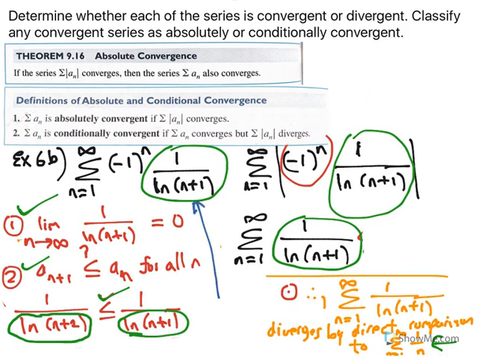So by the alternating series test, our original sine series converges. But we saw earlier that the corresponding absolute value series diverges. So what we have is conditional convergence. Our original sine series is conditionally convergent because it converges by the alternating series test, while the corresponding absolute value series diverges.